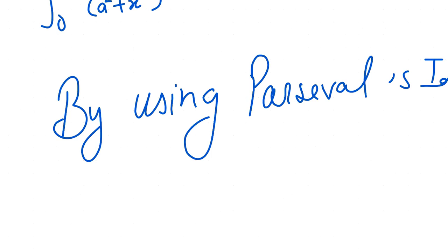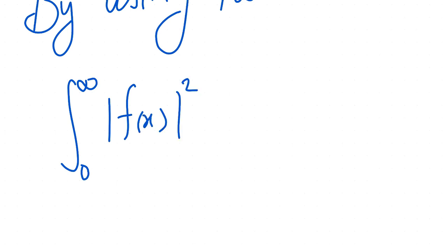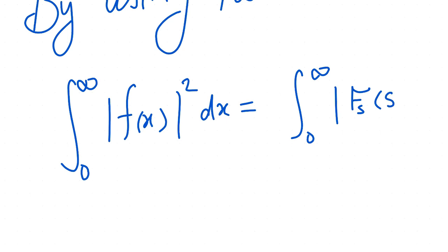We will take it as integration limit 0 to infinity of the square of the absolute value of f(x) dx is equal to 0 to infinity of the square of the absolute value of the Fourier transformation for sine, ds.